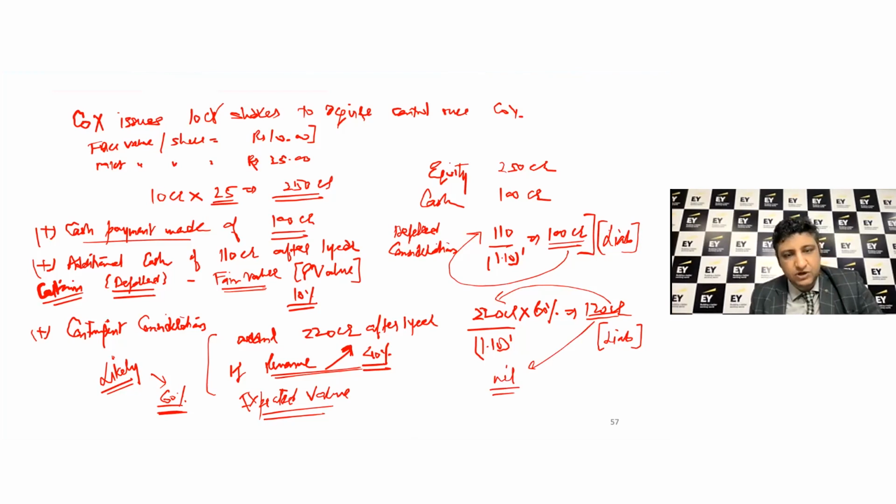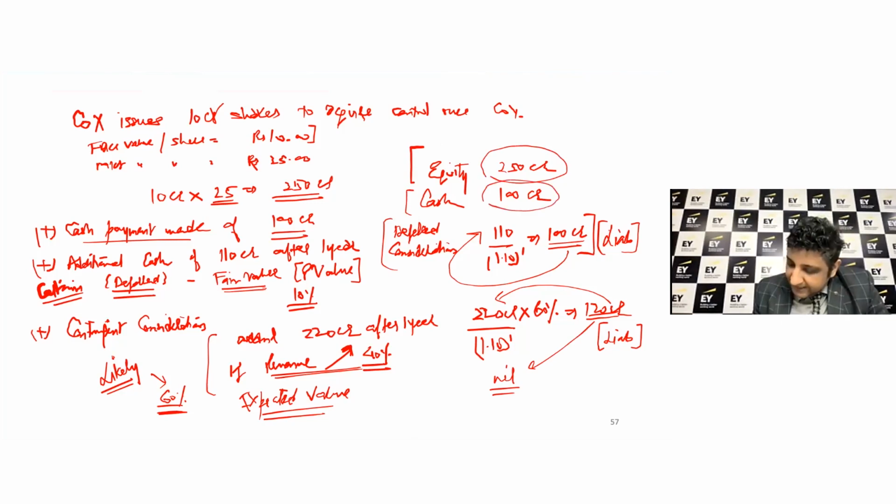Either the revenue of 40% will be achieved and then 220 crore would be payable, or it will not be achieved and nothing would be payable, right? So what you want to remember here is that on the date of acquisition, my total consideration would be calculated at equity of 250, cash of 100, deferred consideration of another 100, and a contingent consideration of 120. Okay. Eventually, this 220 is either payable or nothing is payable at all.